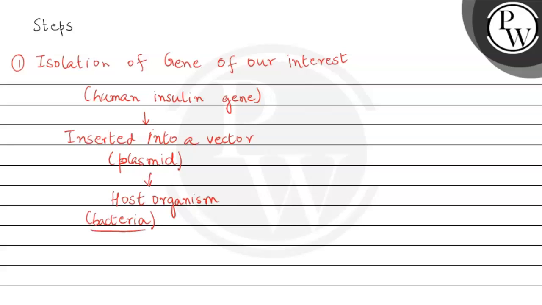Therefore, the bacterial genome can now produce human insulin as well. So in this way, the gene of our interest is introduced into a different organism and we produced a recombinant. A recombinant is any organism which has DNA of two different organisms. This is how genetic engineering basically takes place. These are the very basic steps of genetic engineering.